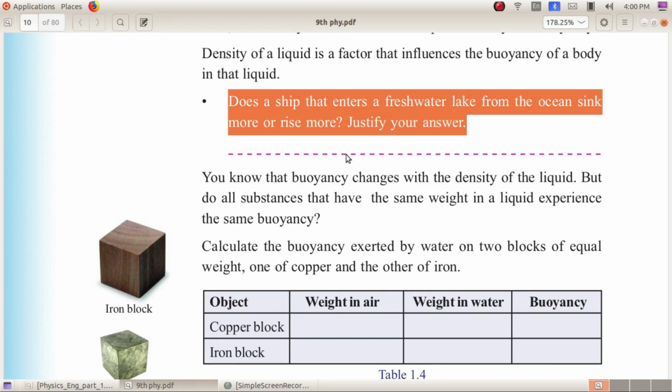If an object has more volume, then it will experience more buoyancy, because its volume is another factor on which buoyancy depends. In short, we can say that the two factors which influence buoyancy are the density of the liquid and the volume of the object.